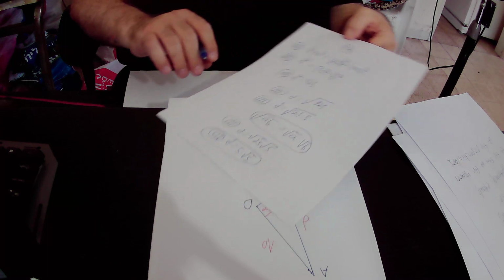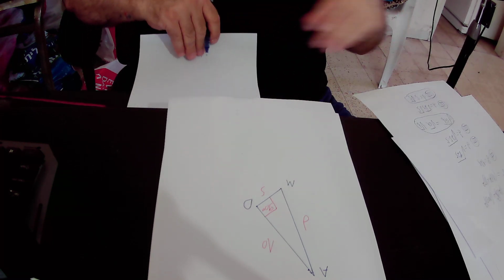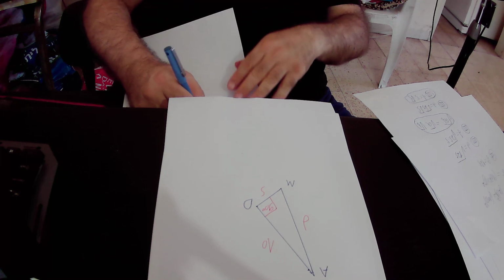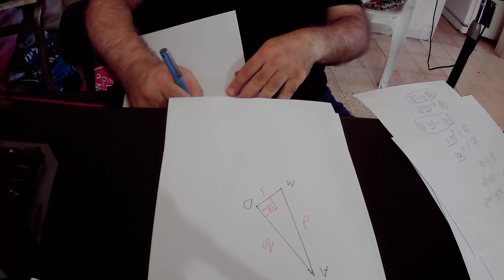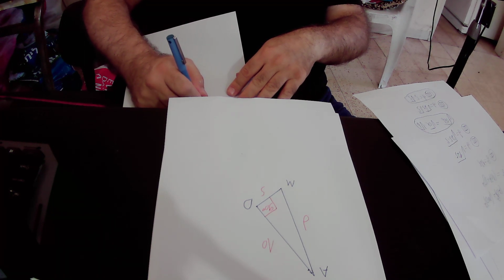So we know that D is the diameter of the circle. So we can write the fourth equation that states that D, that is the diameter of the circle, equals 2 times the radius.